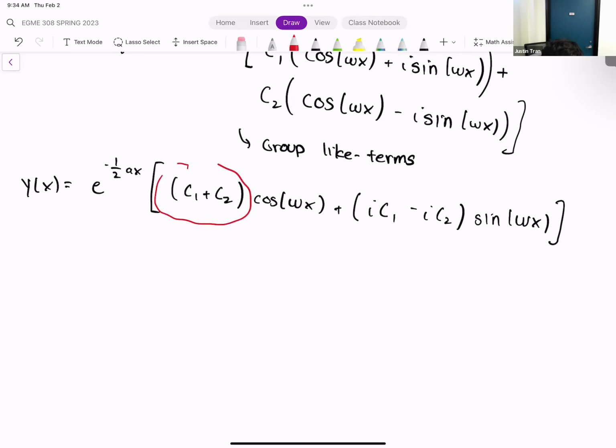Let's look at these terms right here. The coefficient in front of cosine is just c1 plus c2. We haven't applied any initial conditions yet, and so c1, c2 are still arbitrary. And so we can still just replace it with another constant.